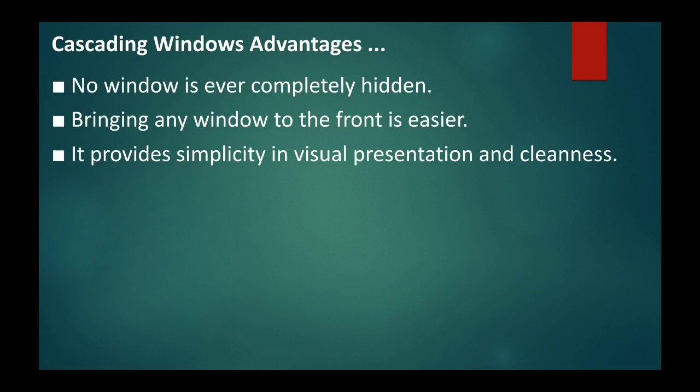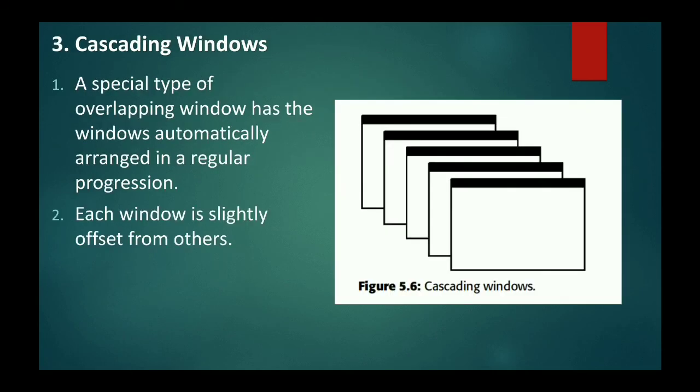As you can see in this presentation style, all the windows are very well managed. In the overlapping presentation style, all the windows are scattered on the screen, but in the cascading windows presentation style, you will find the windows in a very good manner.